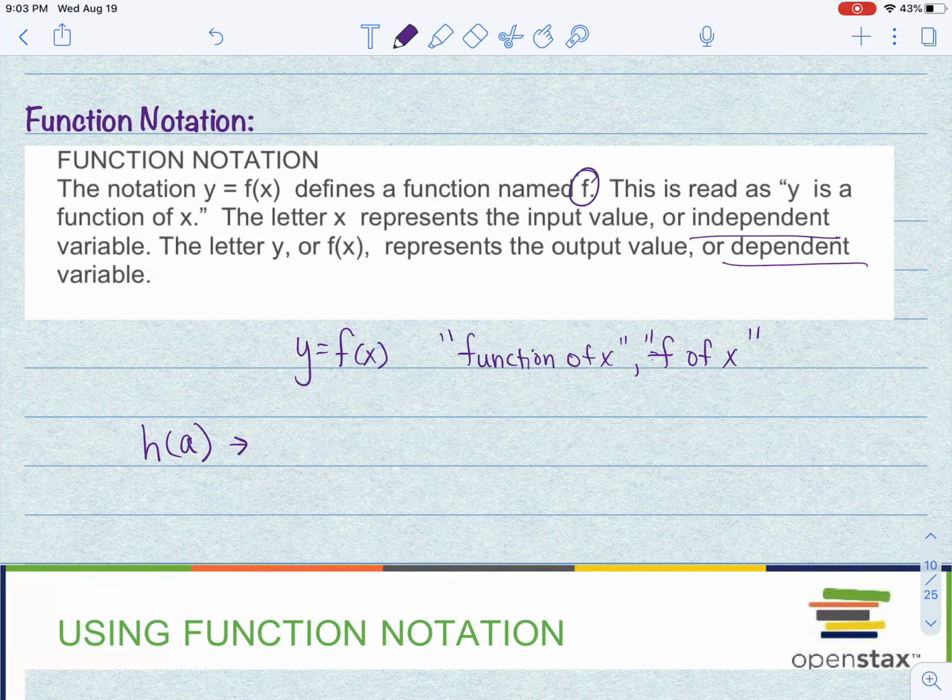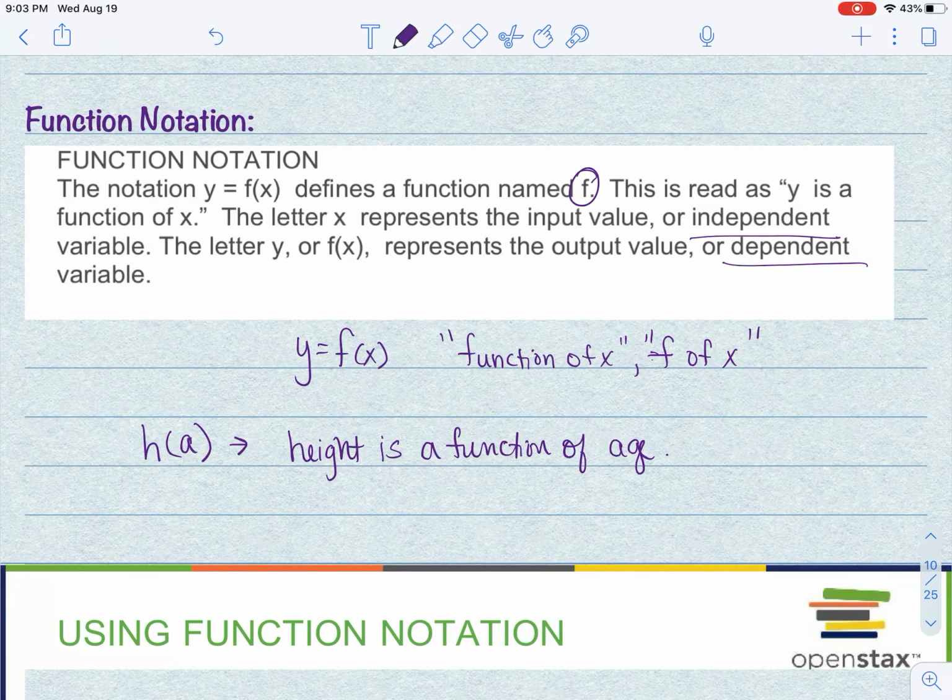In this case, that might represent height is a function of age. Oftentimes we'll use variables that are associated with what they represent, so h for height, a for age.